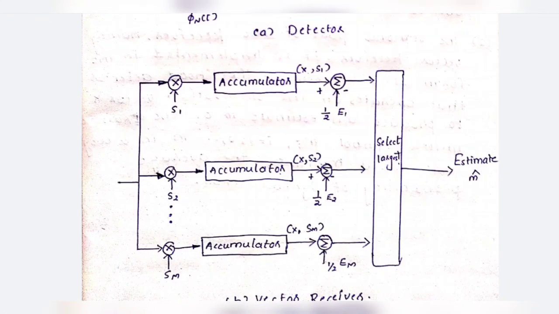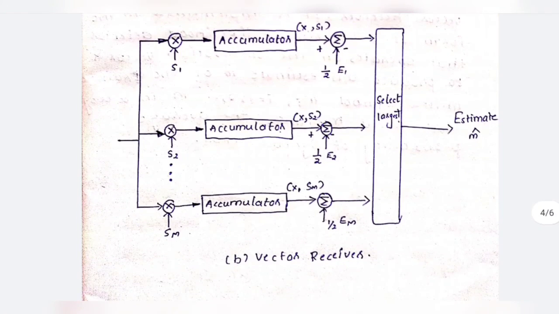Finally, the largest in the resulting set of numbers is selected and a corresponding decision on the transmitted message is made. This is the working of correlation receiver. Thank you.